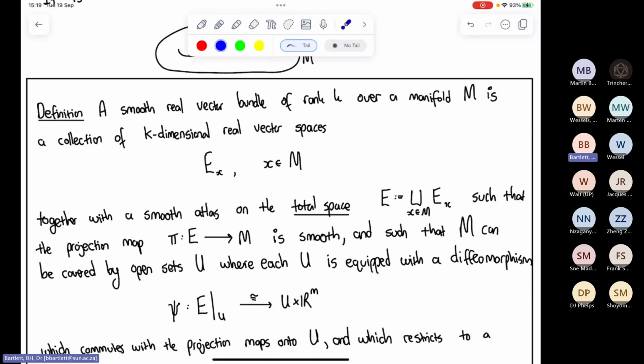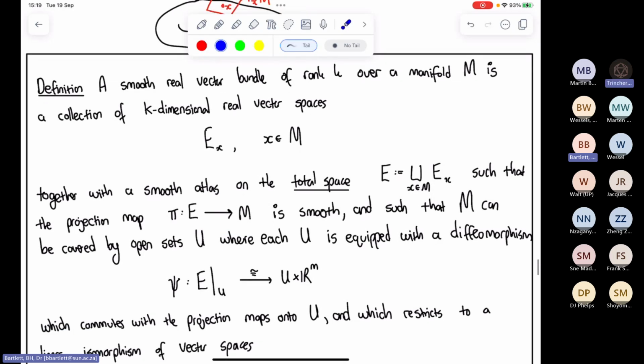That smooth atlas must have the property that the projection map must be smooth, and one more property: that the base manifold M can be covered by open sets U, where each U is equipped with a diffeomorphism between the vector bundle restricted to U and U cross R^k.